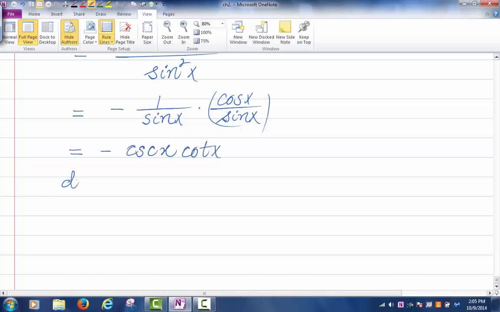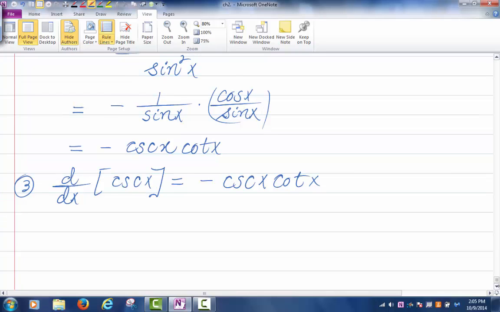So we have found that the derivative of cosecant is negative cosecant x cotangent x. Let's call this formula 3, right?